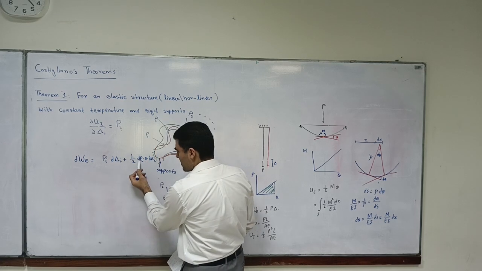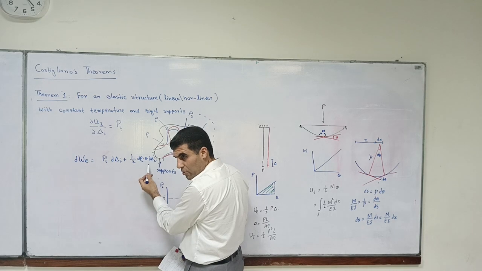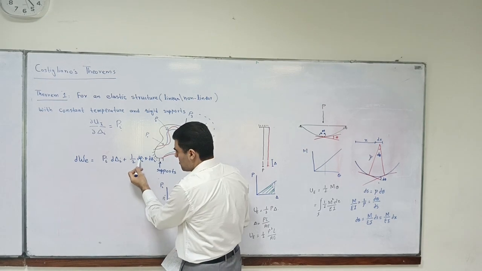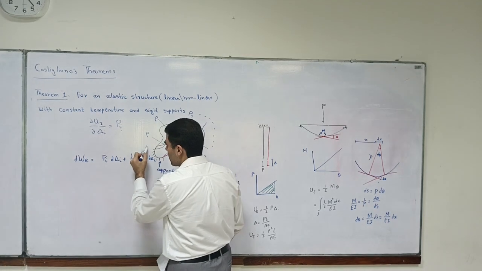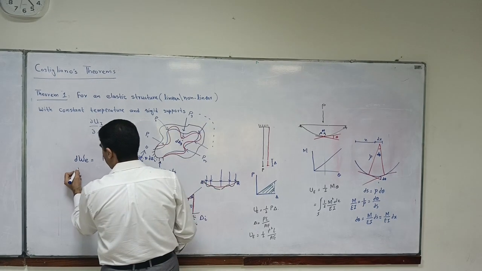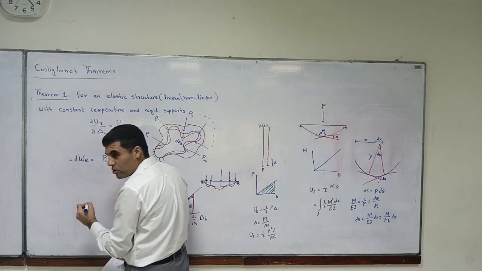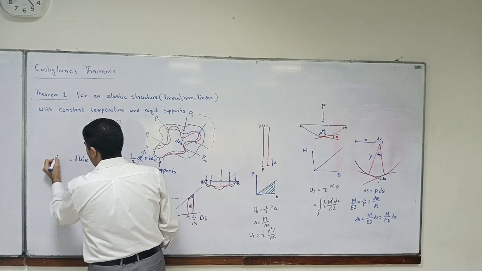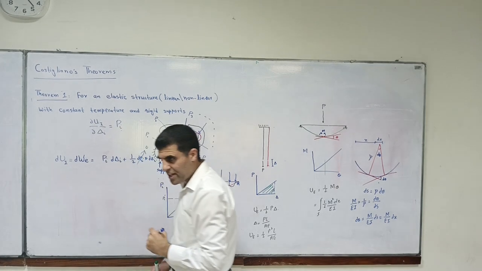Now this becomes too small. So d delta I on its own is small, and multiplying that with another small makes this almost equal to 0. So what we get is, the external work must be equal to internal strain energy, isn't it?